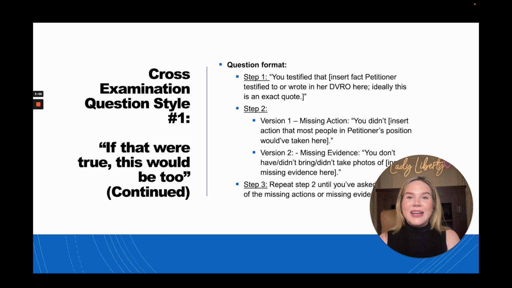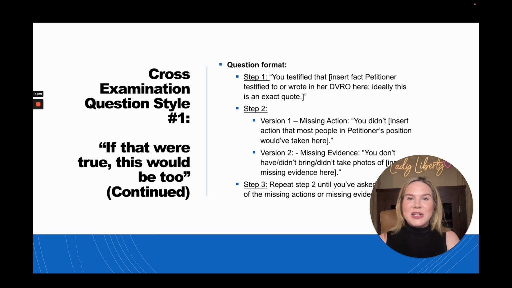There are quite a few disadvantages, but one advantage that you have is that the petitioner had to write down their story. So if you look at something in there and see, let's say she says I pushed her down the stairs and broke her leg, she would probably have to get medical treatment, right? And if she didn't, and she didn't bring any proof of it with her, and it didn't happen, then none of that proof exists.